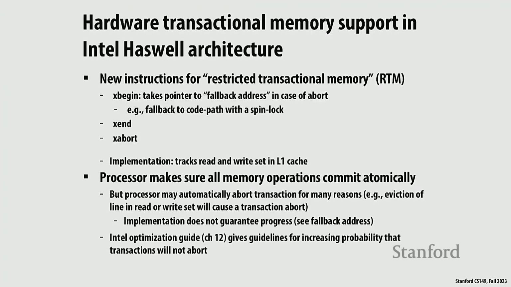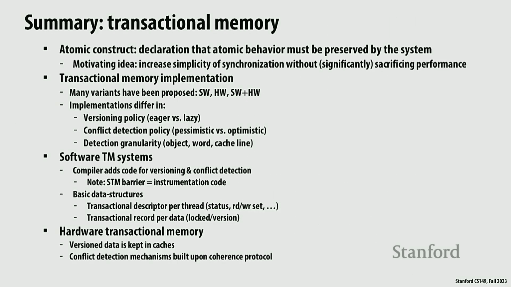So if you look at the Intel ISA manual, there are the definitions of a bunch of instructions to support transactional memory, but the latest implementations don't have them in. Just to recap then, for transactional memory implementation, you can do software or hardware.